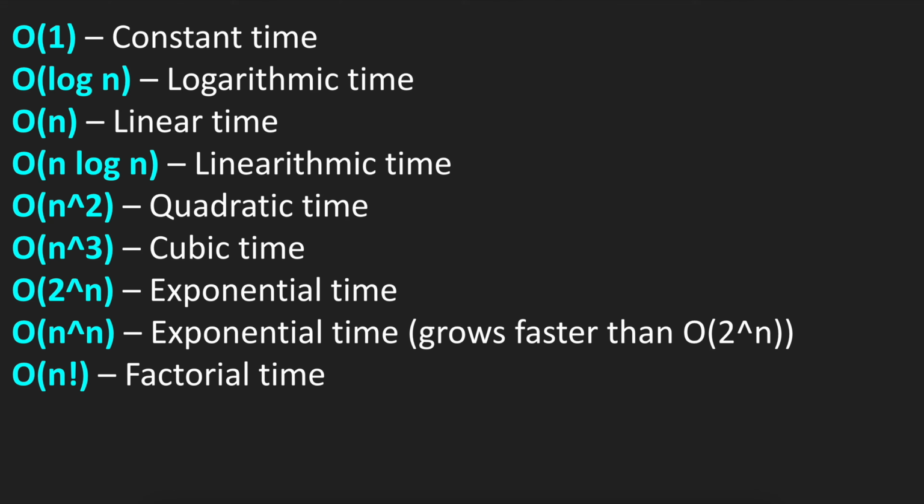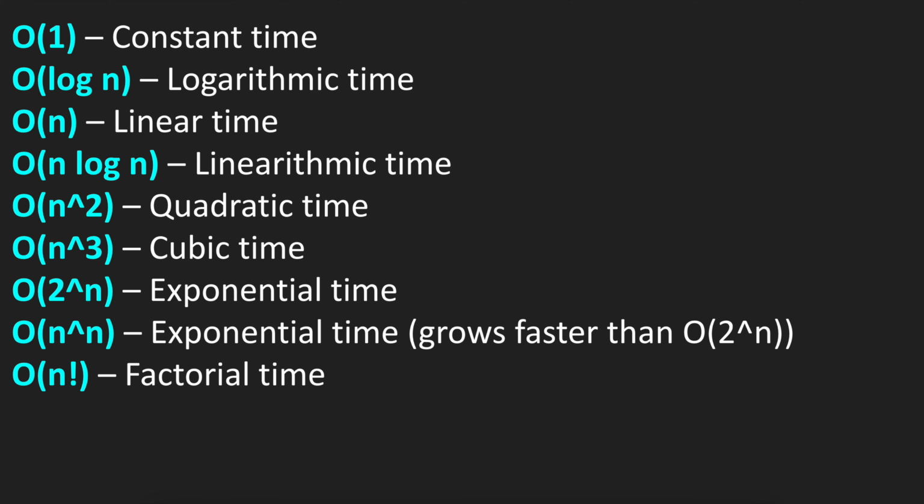We also have space complexity. It's calculated exactly the same. It's basically how the space grows depending on the demand for space, right? How much space do we need? It grows depending on the input. If we have an algorithm that requires us to create an array that will grow, then the space complexity would be O of n, because we are storing as many elements as our input is.